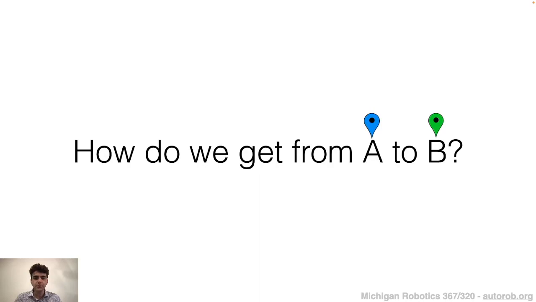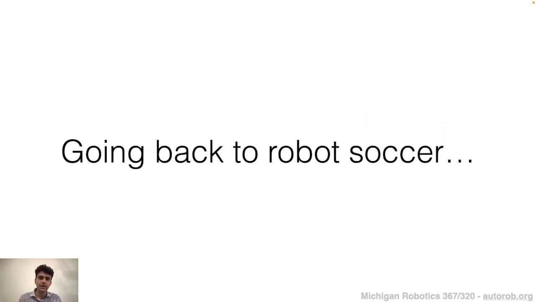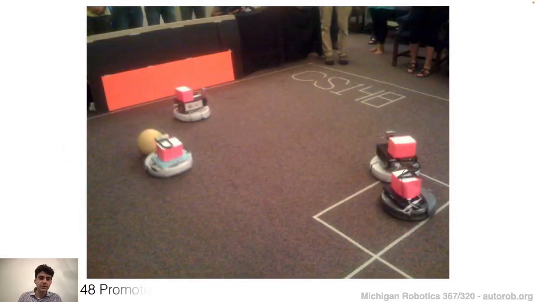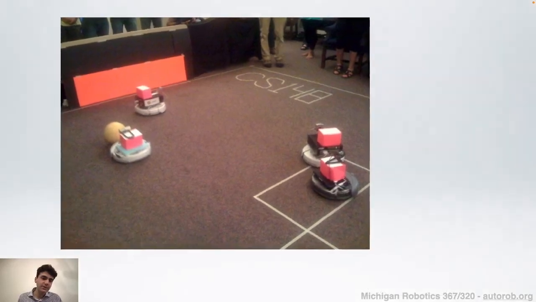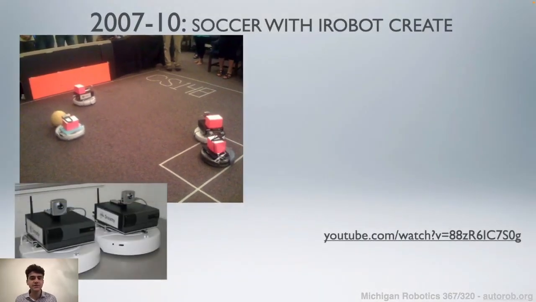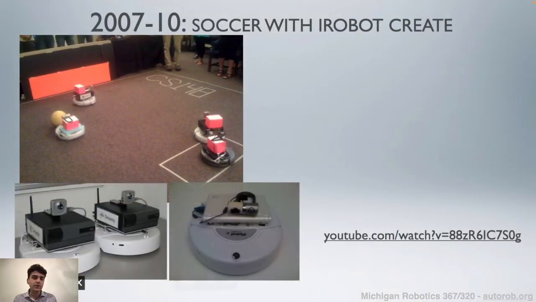So let's go back to robot soccer and consider how path planning can actually be implemented. So in particular, here's an image from a set of robots that Professor Jenkins worked on when he was on faculty at Brown University. And so if we look at them a little bit more closely, what you might notice is that these are actually iRobot Creates that have been modified to make them capable of playing robot soccer.